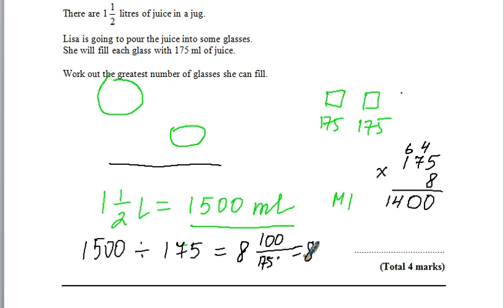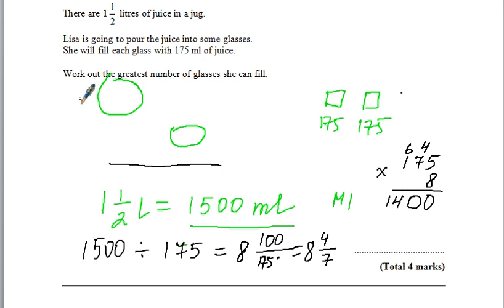So it is 8, and we can divide by 25. If we divide by 25, we get 4 on top, and 25 goes into 175 7 times. So the final answer would be 8 and 4 sevenths. So 8 full glasses and a little bit go into this jug.